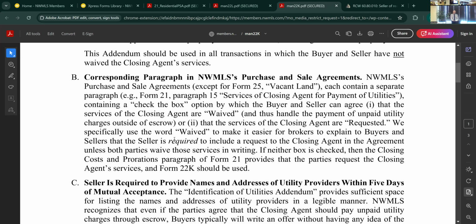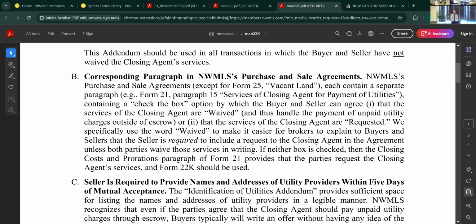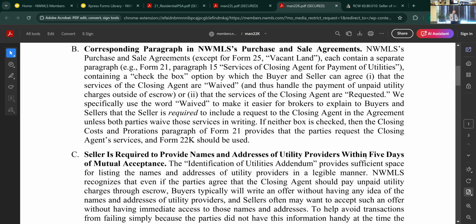We specifically use the word waived to make it easier for brokers to explain to buyers and sellers that the seller is required to include a request to the closing agent in the agreement unless both parties waive those services in writing. If neither box is checked, then the closing costs and prorations paragraph of Form 21 provides that the parties request the closing agent's services, and Form 22K should be used. Pretty much going to make sure you're using 22K in every deal.